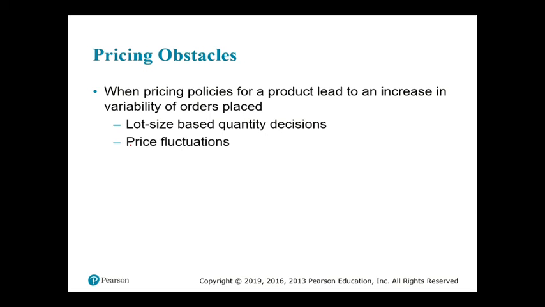The second pricing obstacle is price fluctuations. Basically, you can see it as price promotions. In a previous chapter, we talked about using promotions or short-term discounts to induce forward buying.